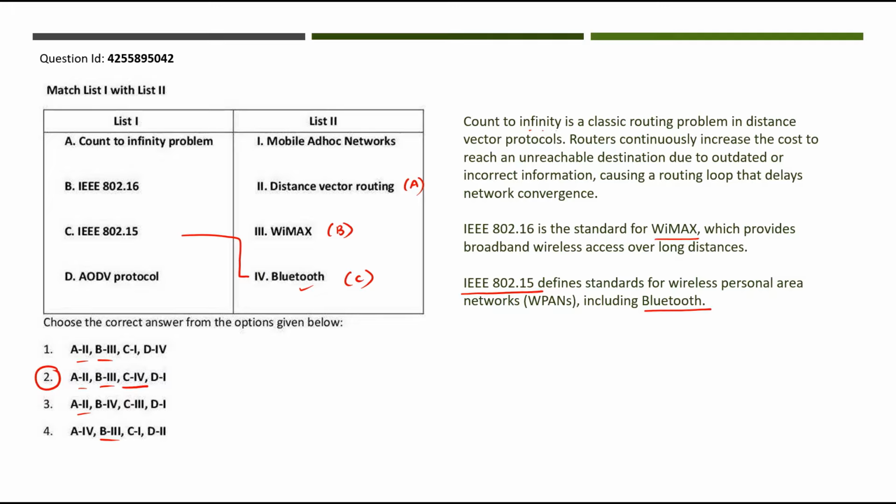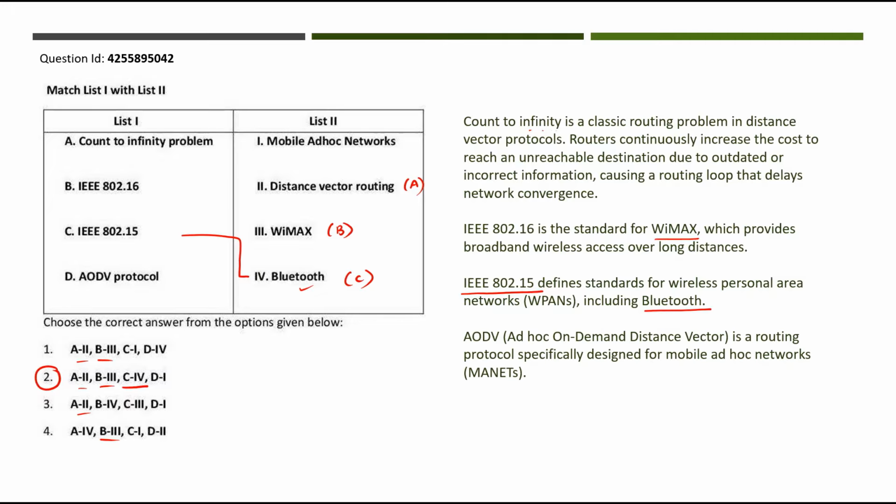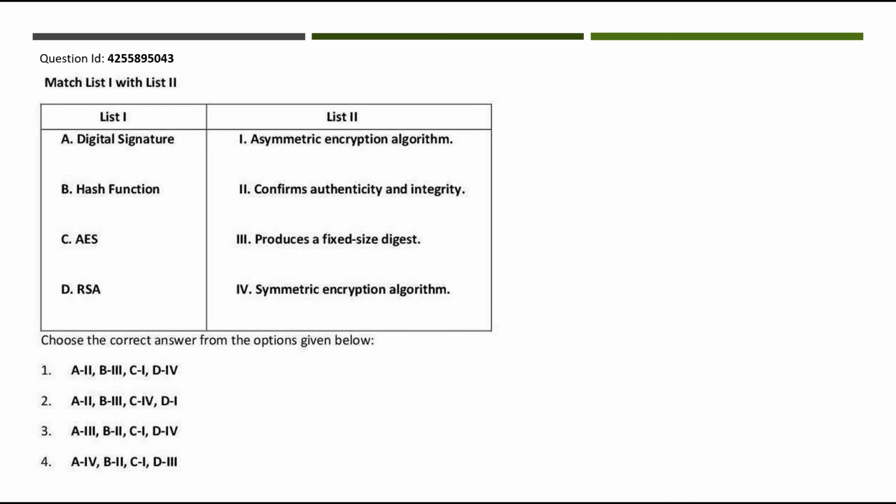What about the AODV protocol? Ad hoc on-demand distance vector is a routing protocol specifically designed for mobile ad hoc networks, called MANETs. D will be mapping to 1 as specified in this option. Next question, match list 1 with list 2.